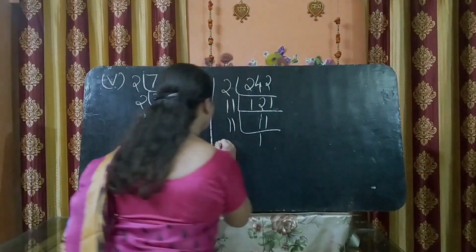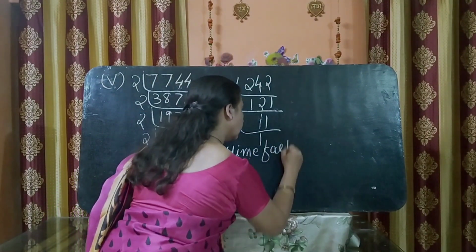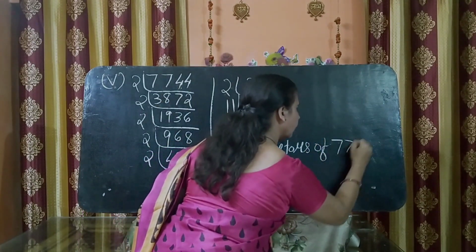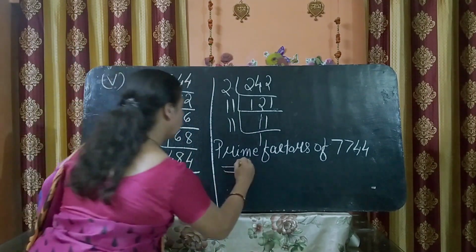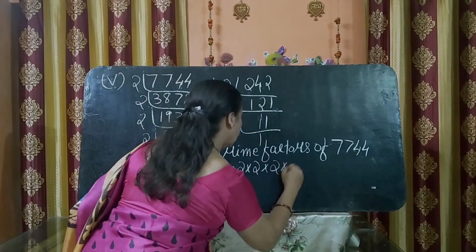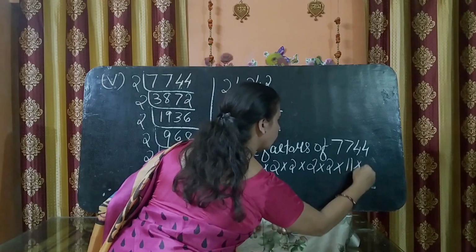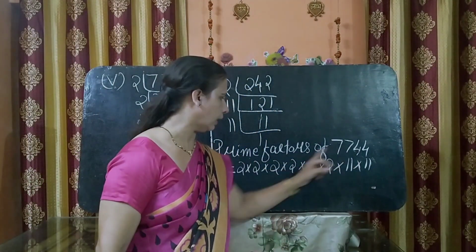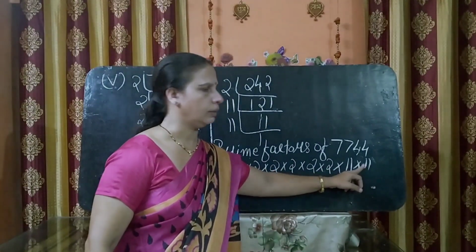That is prime factors of 7744 equals 2 into 2 into 2 into 2 into 2 into 2 into 11 into 11. Prime factors of 7744 are 2 6 times and 11 2 times.